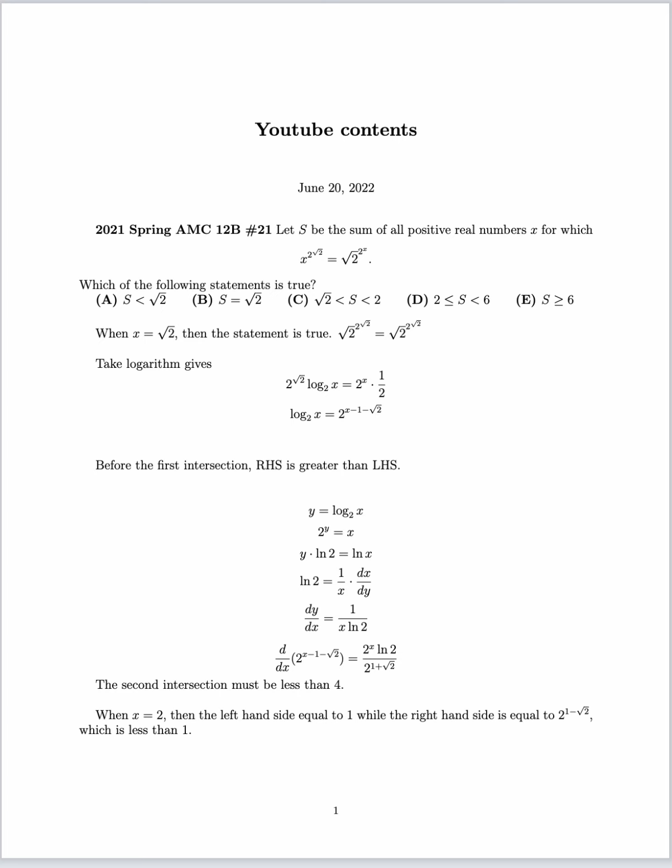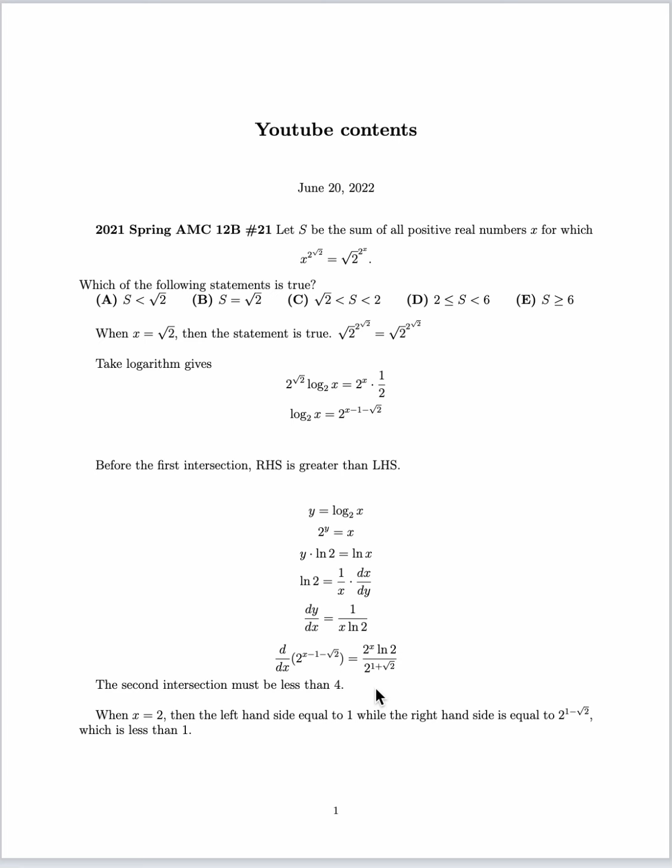So the second intersection, and as you can see, the derivative thing, as x goes larger, then the derivative of the right hand side would always be greater and greater, but the left side will always be less and less, because when x is getting greater, then 1 over x is going down.